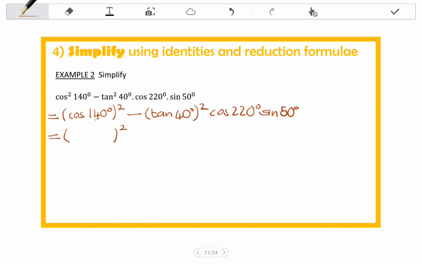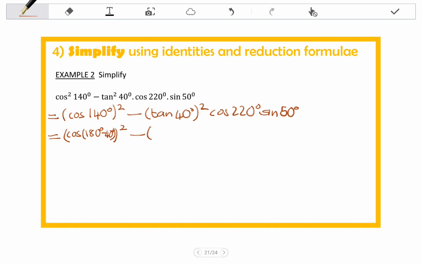Okay, so cos 140 degrees is in the second quadrant, so we can rewrite 140 as 180 minus 40 degrees. Then I have tan 40. 40 is already an acute angle.